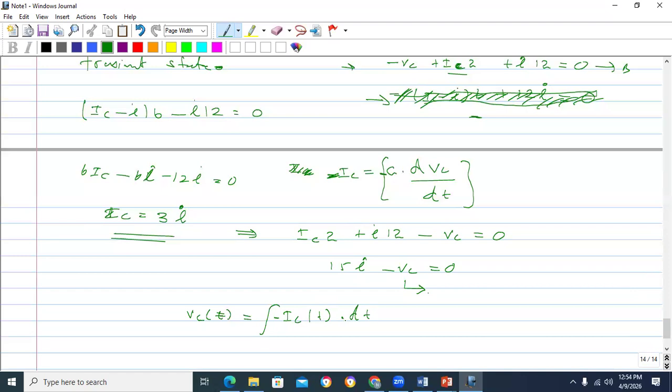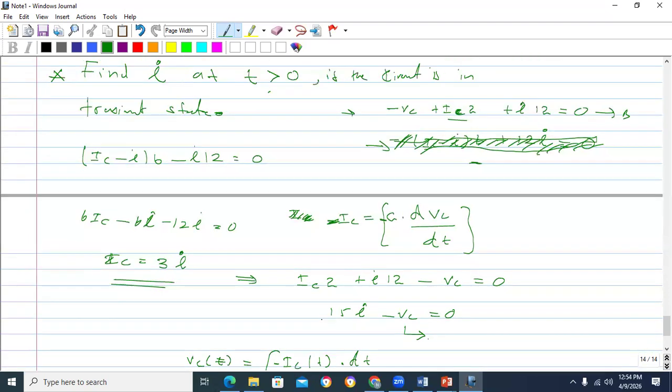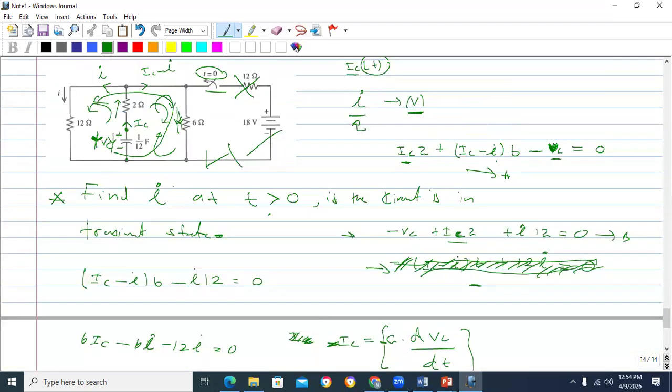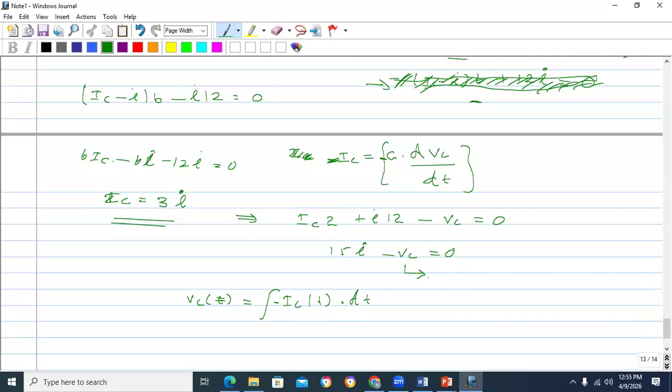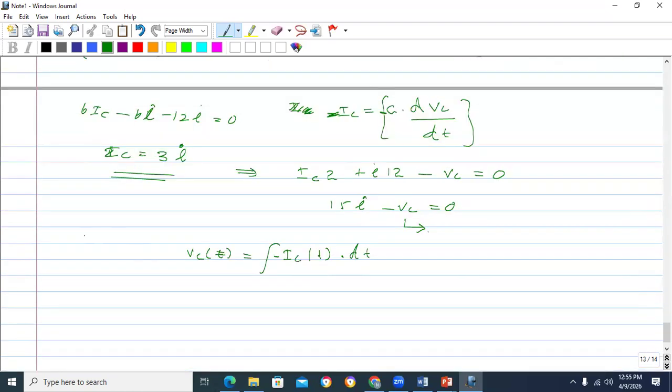And there is an initial voltage. There should be an initial voltage. So you have to find that initial voltage here. Let's say that it is V0 or something. So that is V naught. The initial voltage is V naught. That is the initial condition.